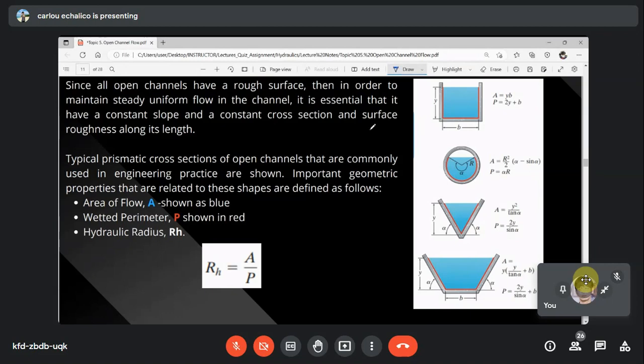Maka-apekto ni siya, yung surface roughness. Unsa pa? Siyempre, yung cross-section, unsa siya na section, paano siya pag-orient. And also, slope, kay kung mas taas itong slope, mas paspas itong pag-flow.